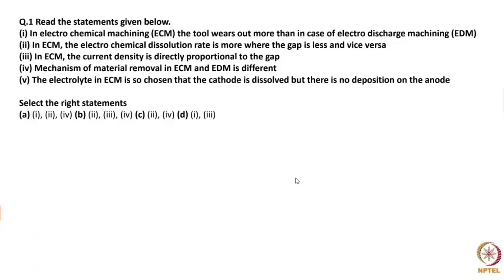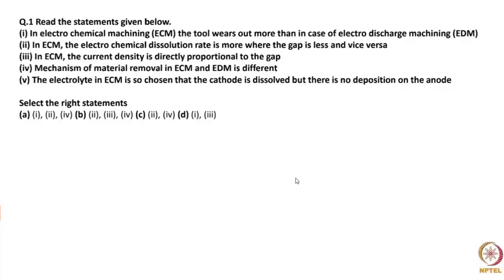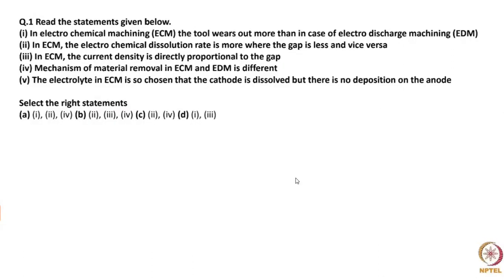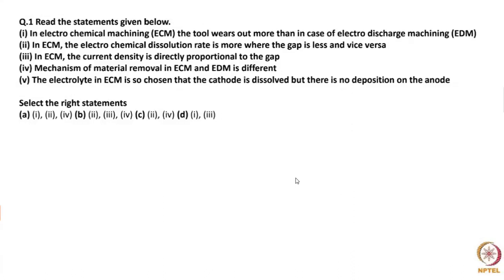Whereas in unconventional machining, there's no requirement for direct contact between the tool and the workpiece, and we have seen that the material removal can be facilitated by imparting different forms of energy, ranging from mechanical energy to thermal energy to chemical, electrochemical energy, or in the form of a beam. So it can be electron beam, plasma beam, laser beam, and based on that, we have seen there is a classification of the different non-conventional or unconventional machining processes.